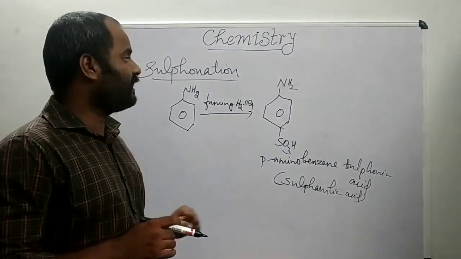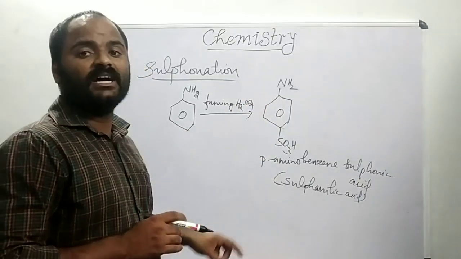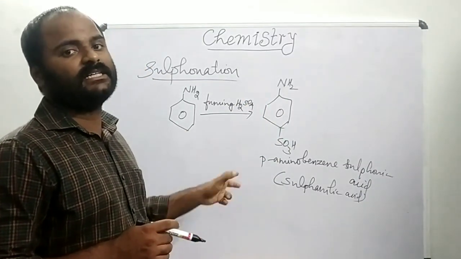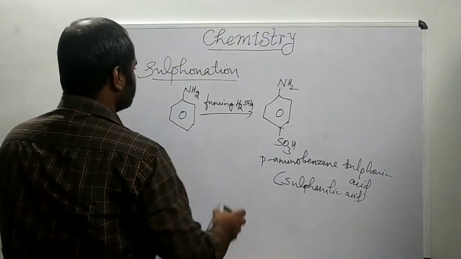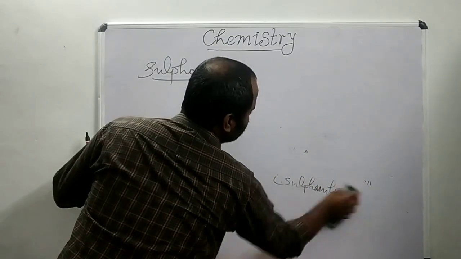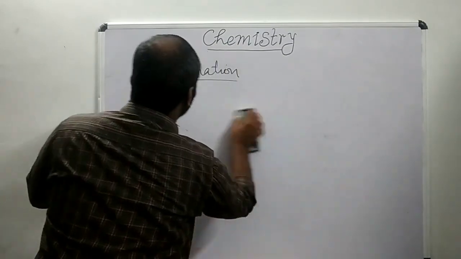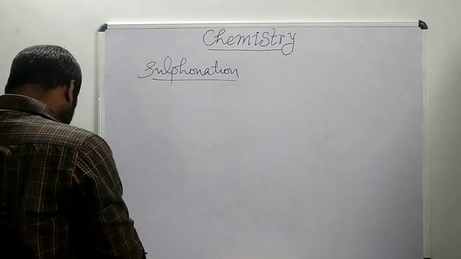And this sulfanilic acid, or para-amino benzene sulfonic acid, has a property. It exists as a zwitterion. So here you can see that para-amino benzene sulfonic acid exists as a zwitterion.